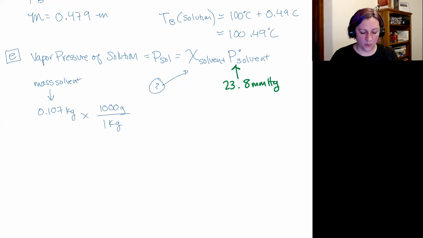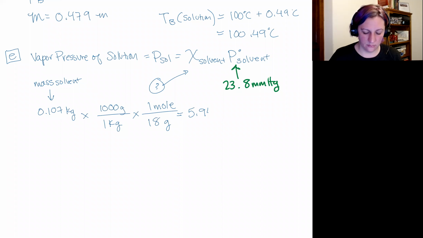And then I'm going to use a mass to mole conversion using just the molar mass of water, which is about 18 grams per mole. So I'll multiply this by 1 mole divided by our 18 grams. And when I do that, I get 5.94 moles of my water. So that's just the mass of my solvent converted into moles.